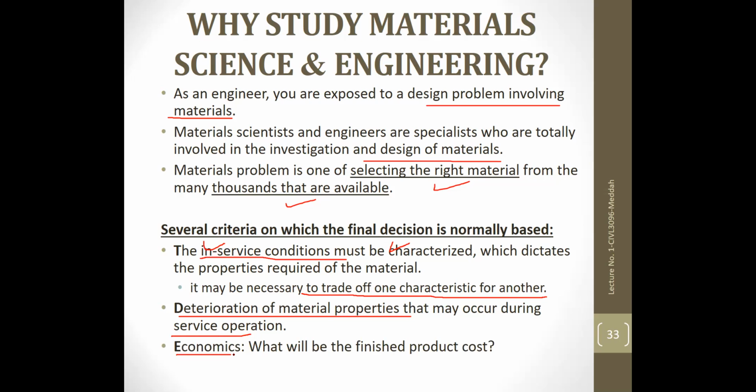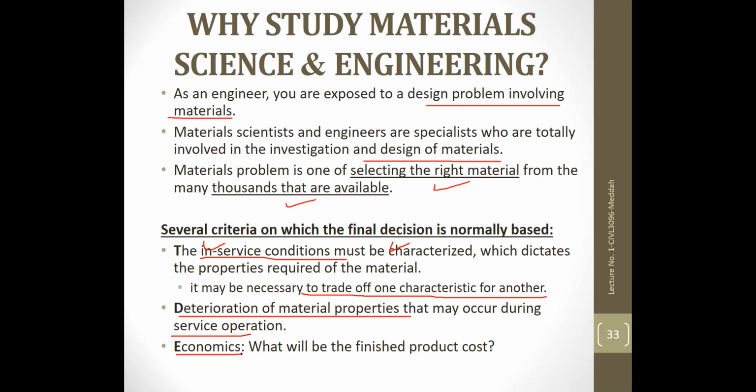Also, we should never forget the economical aspect. Economy is always part of the analysis. This is why, as an engineer, you have to study a course of engineering economics, because choosing the material, of course, you have to include the economic factor.